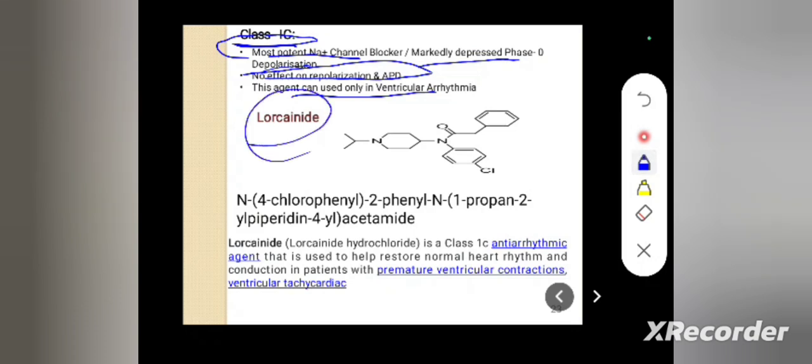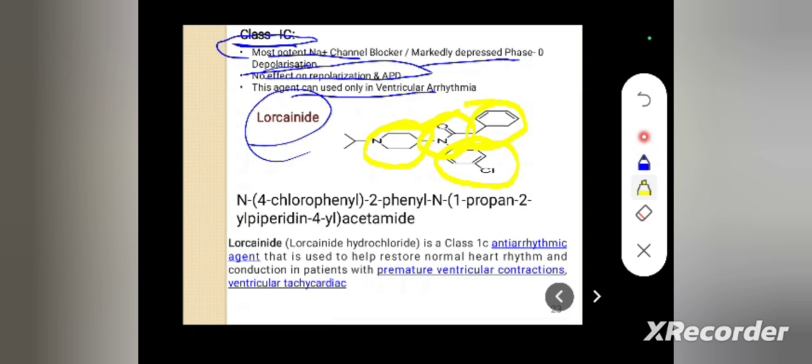Lorcainide, structurally, is a member of the acetamides. Looking at the structure of lorcainide, it contains a chlorophenyl, then acetamide and piperidine substitution, and also a phenyl substitution.